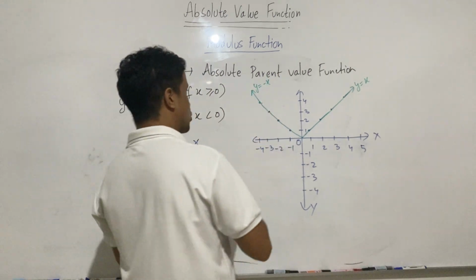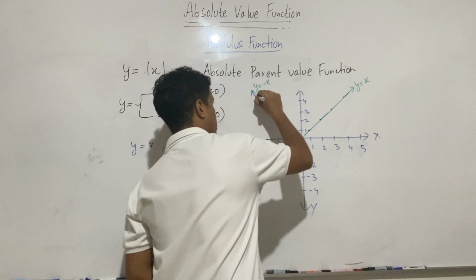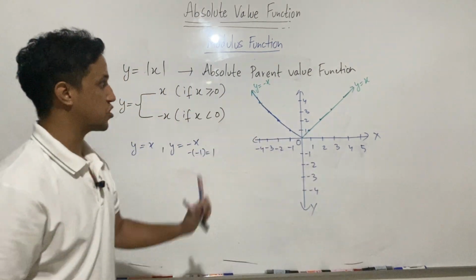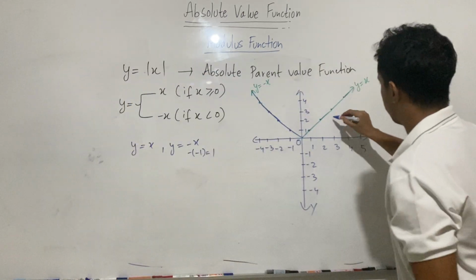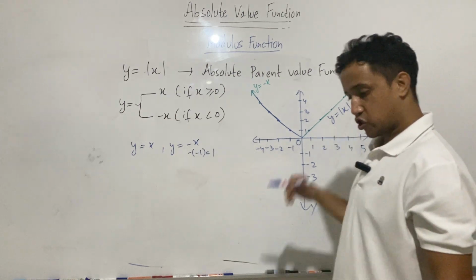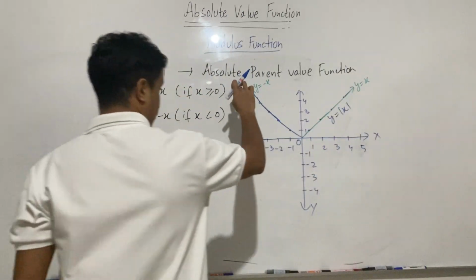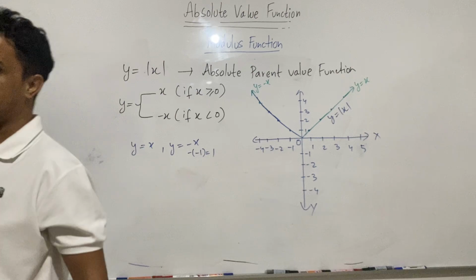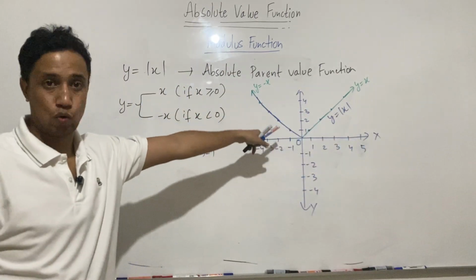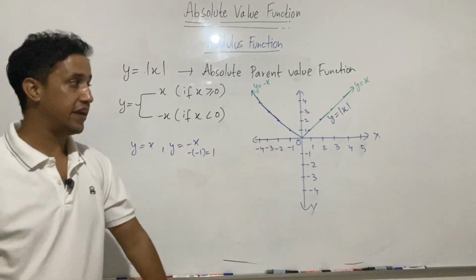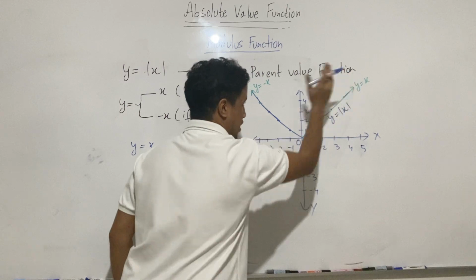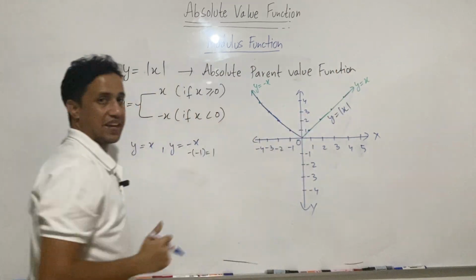So now this V-shaped graph is the graph of the absolute parent value function y equals mod x. Okay, see here, very simple. This one, y equal to x, y equal to negative x.